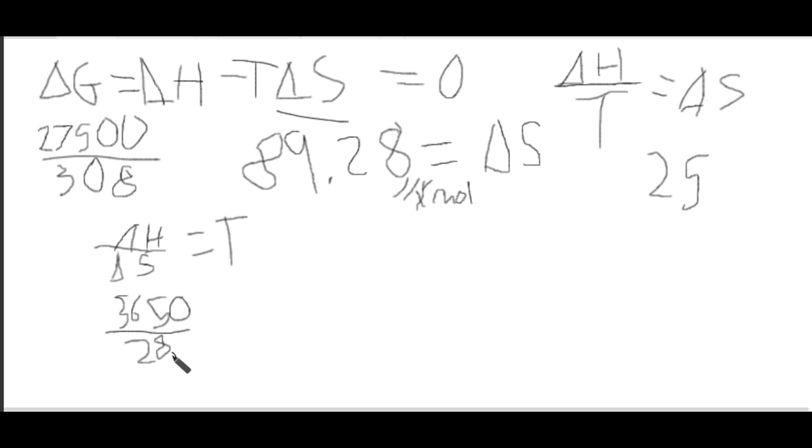Let's get this done real quick. 5,650 divided by 28.9 gives us a temperature of 195.